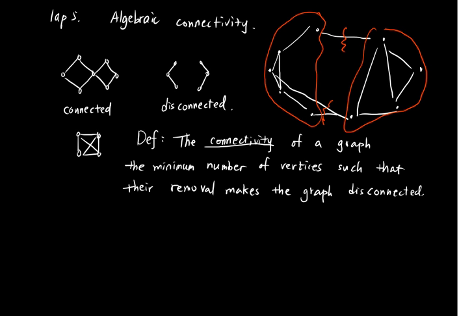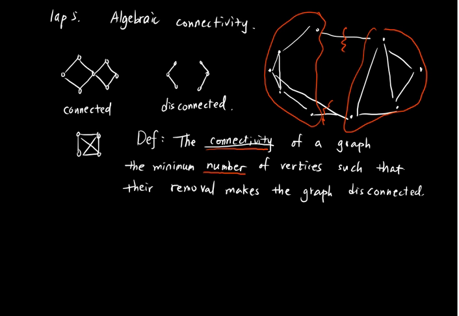What I wrote is a little bit different from the handout, but they are basically of the same meaning. Okay, so let's try to analyze this long sentence a little bit. It is trying to define this new term, called the connectivity. This new term is a number. It is the number of vertices, the minimum number of vertices, so it is supposed to be an integer: 0, 1, or 2.